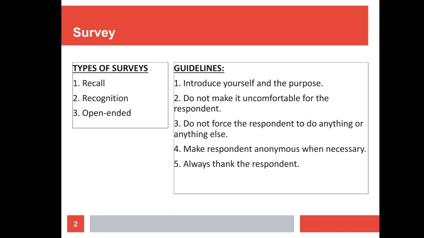With the open-ended, it elicits brief explanation or impressions from the respondent. So let's say, for example, you're asking for their opinions, or specific information that you need in order to fulfill your research study.